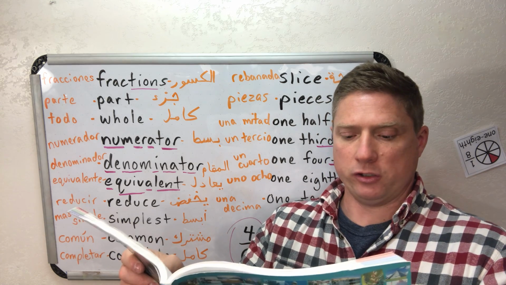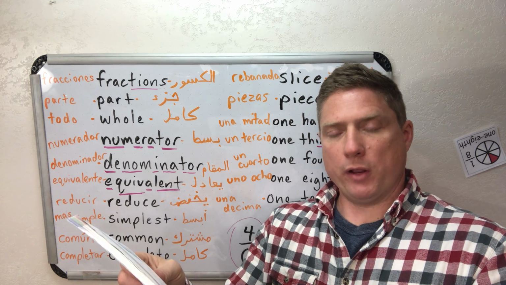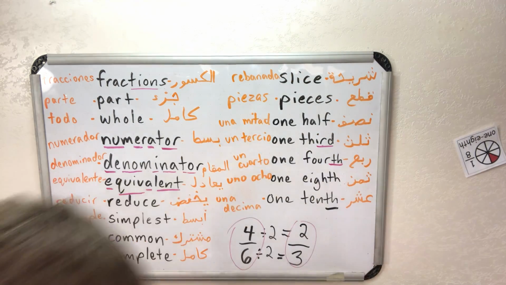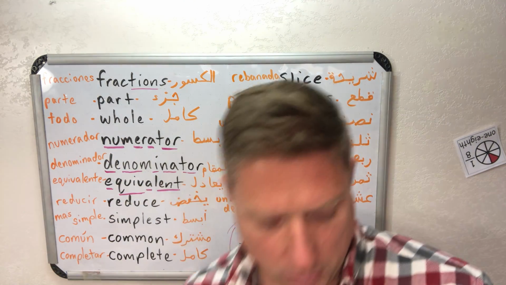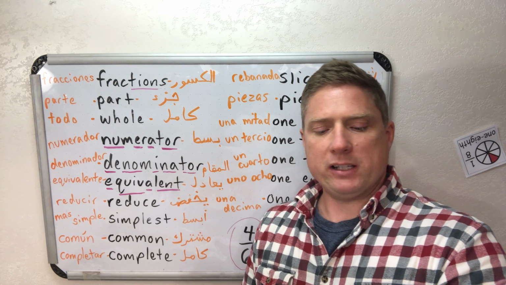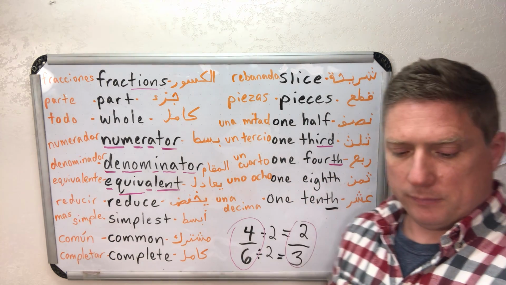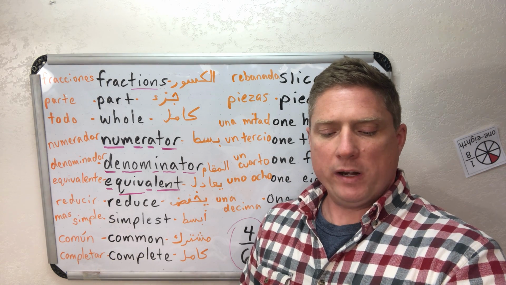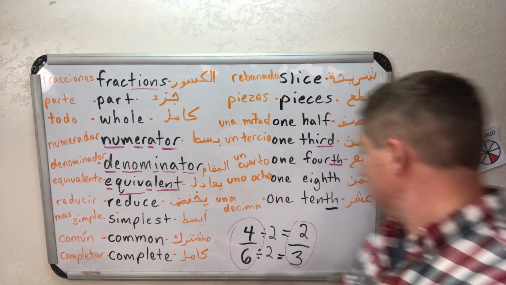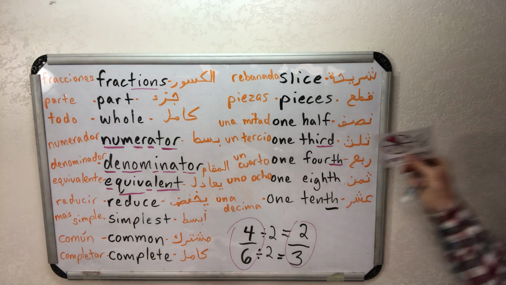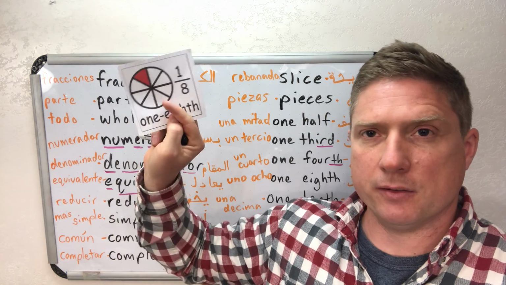Those are equivalent fractions. 17. 1 of 3 slices is 1/3, like this one. 18. 1 slice out of 4 is 1/4. 19. 1/8 is 1 of 8 slices. Here's our pizza. There's 1 slice out of 8. 1/8.